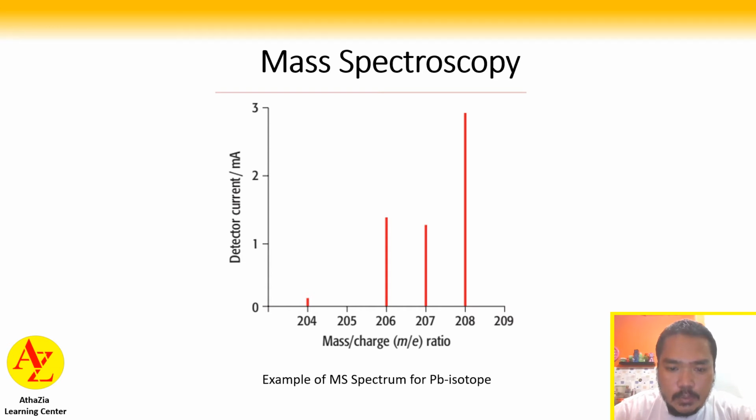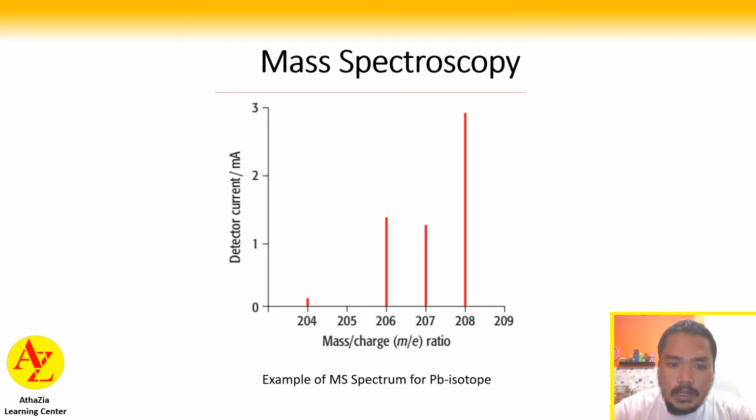As the x-axis we have the mass over charge ratio, m over e. Because the charge is the same, they will be arranged based on their mass. The lightest one will be recorded first, and the heaviest one will be recorded last. The detector also measures the current it receives when the negatively charged ions arrive at the detector.